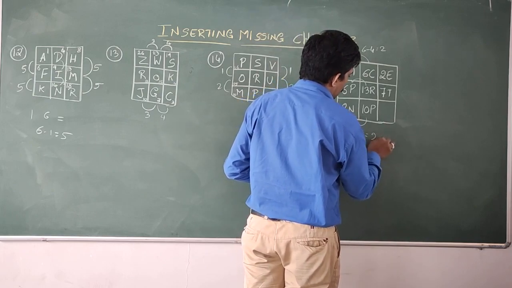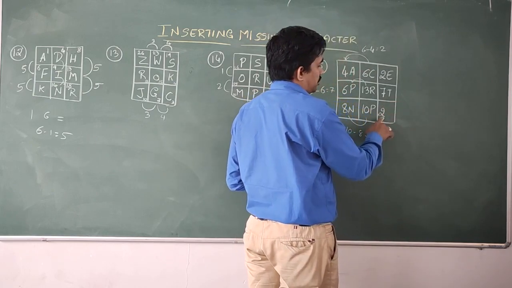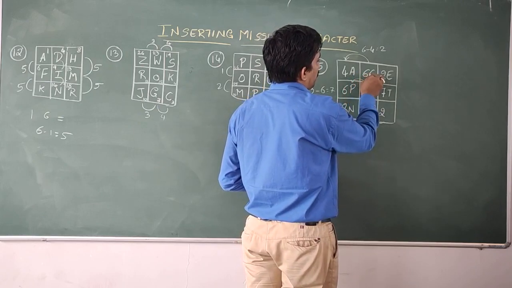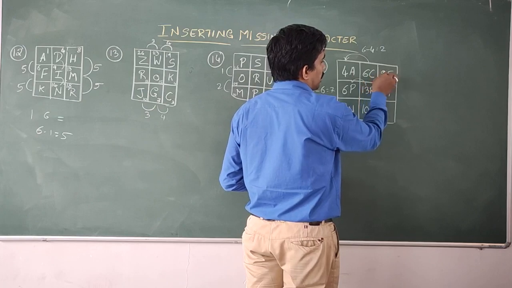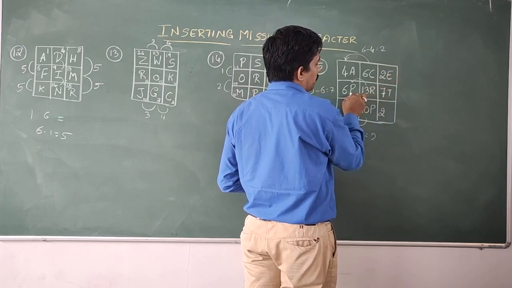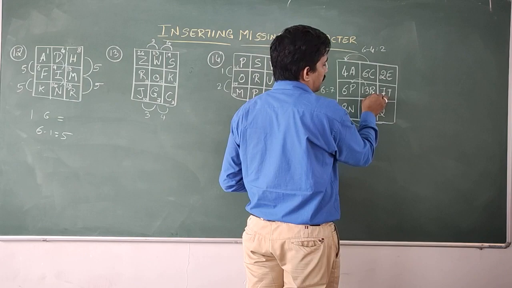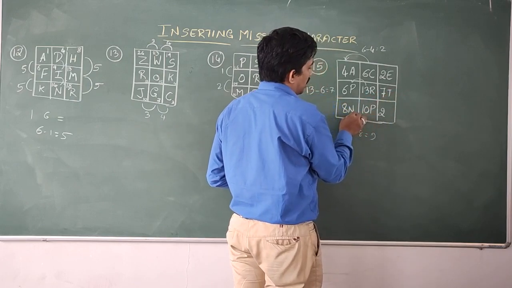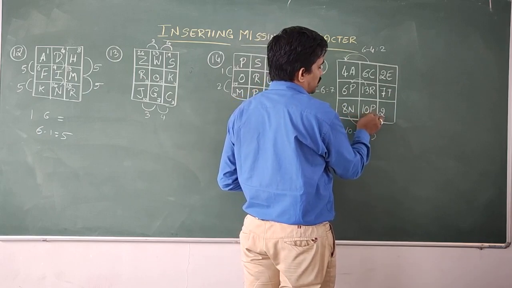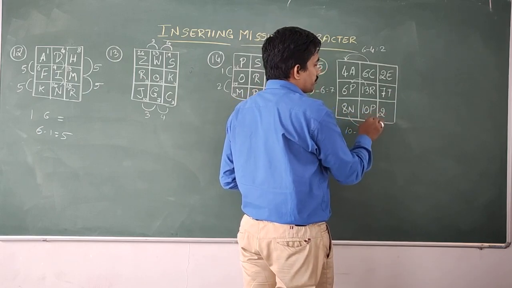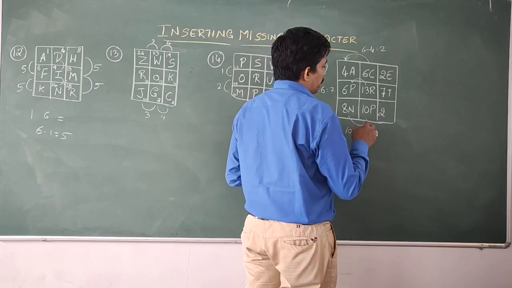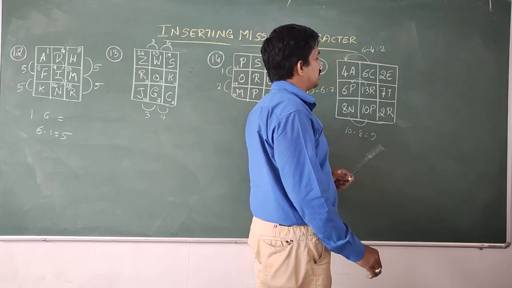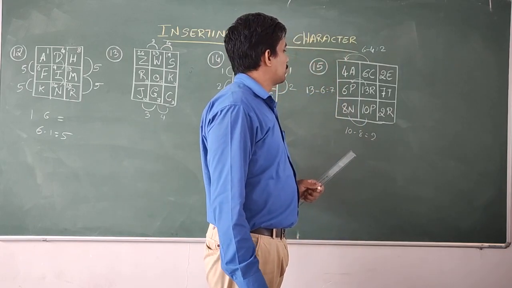How much? 2. So our number comes here 2. But what about letters? See here. A plus 2 C. C plus 2 E. P plus 2 is 18 means R. R plus 2 T. T is 20. And then N is 14. 14 plus 2 16. 16 letter is P. And P plus 2 means 18. 18 letter is R. So our answer is 2R for this question.